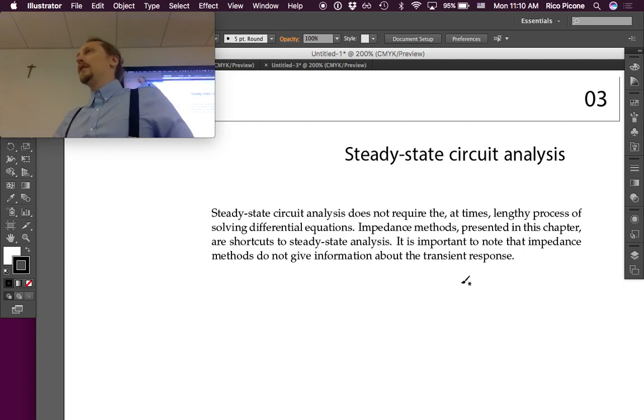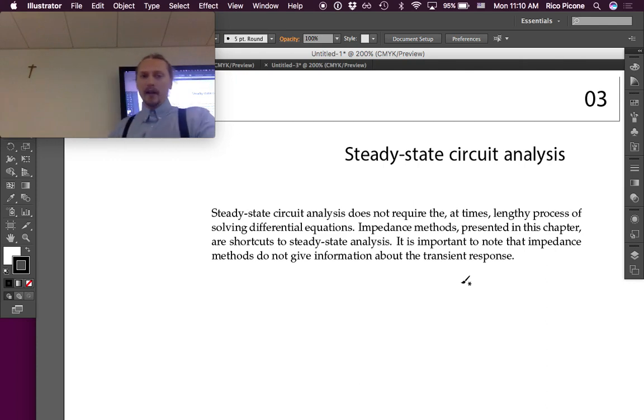All we need to do is think about things in terms of impedance, and that's what we're going to introduce here. So this is a shortcut to the steady state solution, which is what we often care about for an electronic system with a sinusoidal input, like an AC power outlet, which is going to provide 60 hertz.